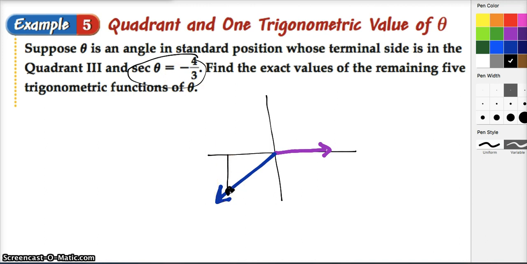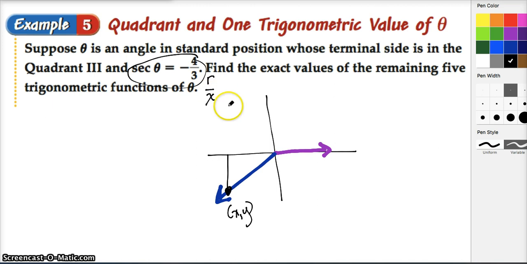You remember what secant was in terms of the point, some point x y? Secant was going to be the reciprocal of cosine. And since cosine is x over r, secant is r over x.